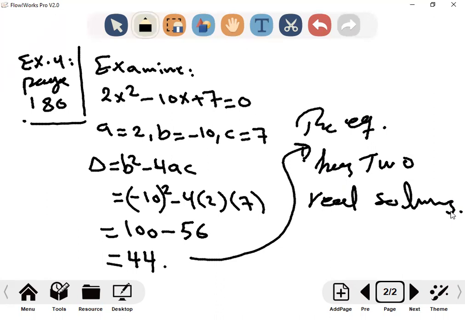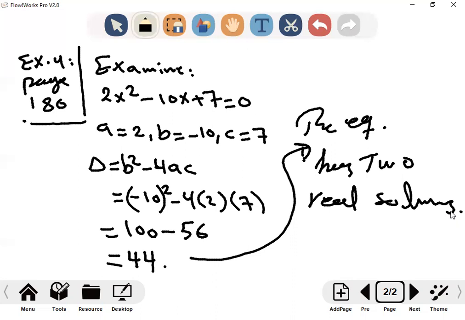Now take a look at the example in the book. In part A, they found what? You have spaces, fill them in your book. Fill the blanks. A is 2, b is negative 10, c is 7.